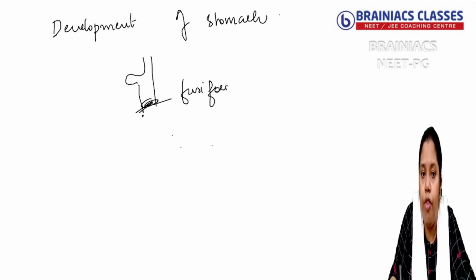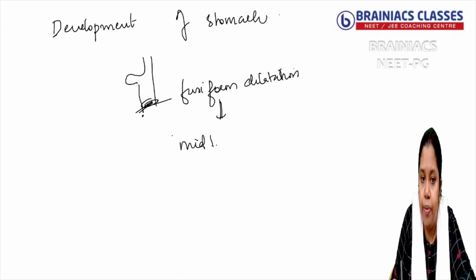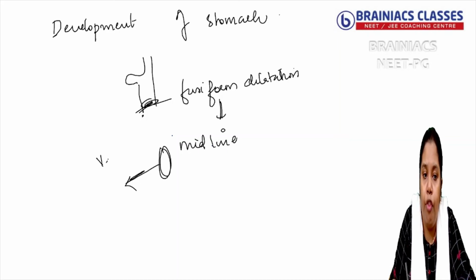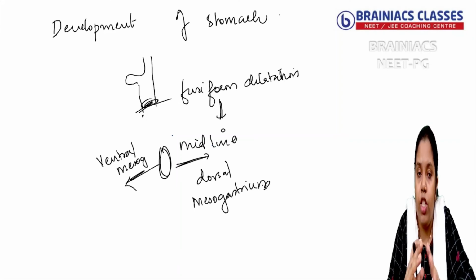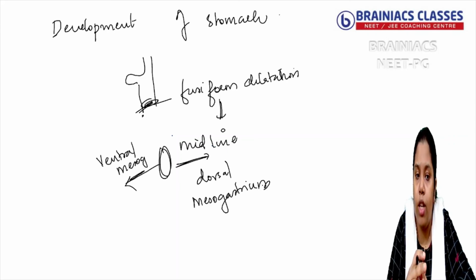This is a midline dilatation, and it is connected ventrally with the help of ventral mesogastrium and dorsally with the help of dorsal mesogastrium.